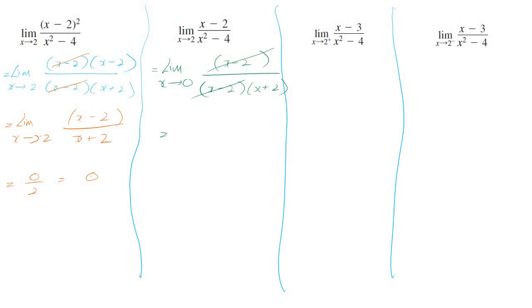When we cross this off, we get limit as, sorry, this shouldn't be 0, this should be 2. As x tends to 2, we have 1 over x plus 2, and now we can substitute 2 because this is not 0, so we get 1 over 4 here.